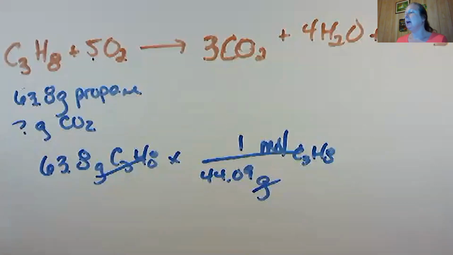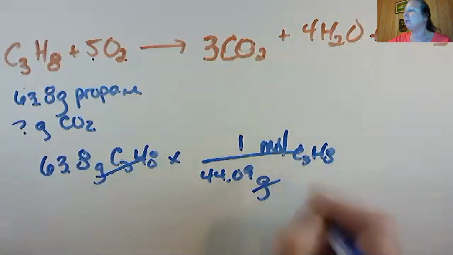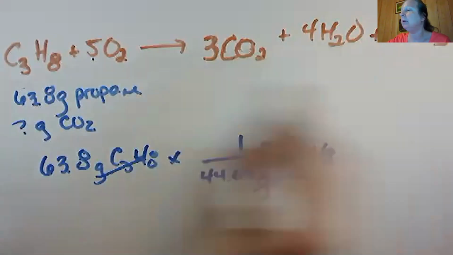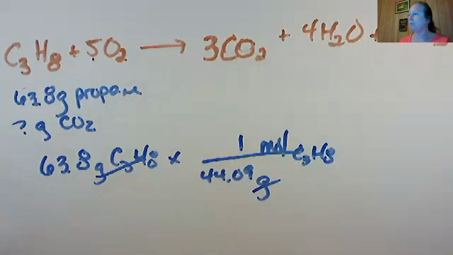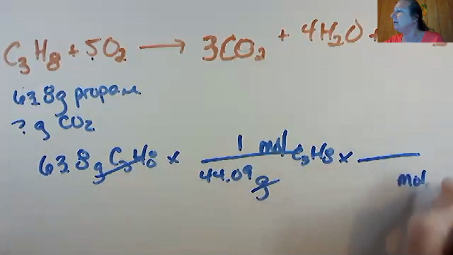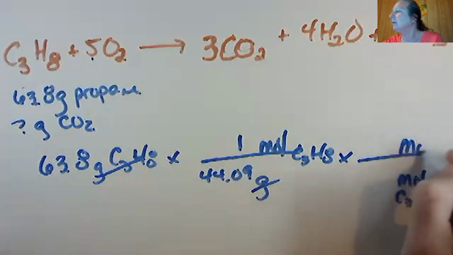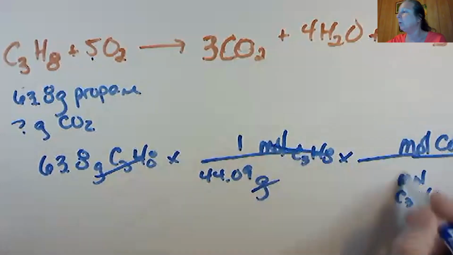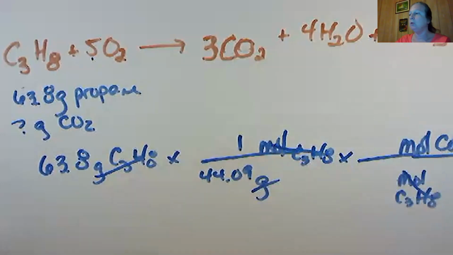I'm in moles. Now that I'm in moles, I can relate these moles of propane with anything in here. It's asking for CO2, so let's convert it to CO2. So you change identity with the molar relationship. I can go from moles of propane to moles of carbon dioxide using this relationship.